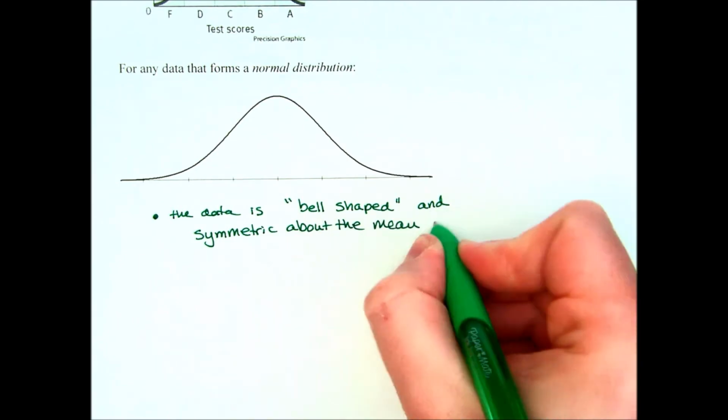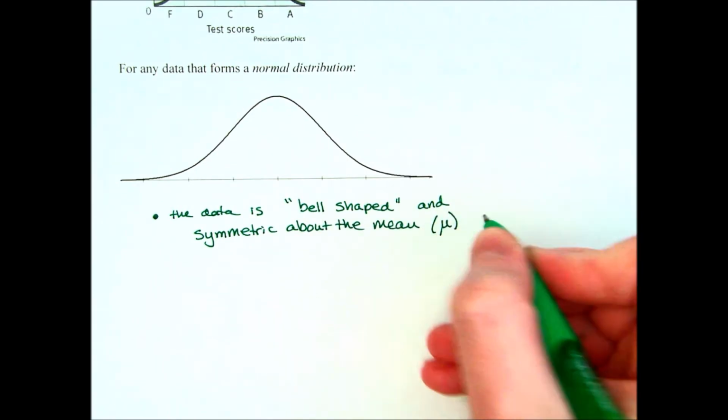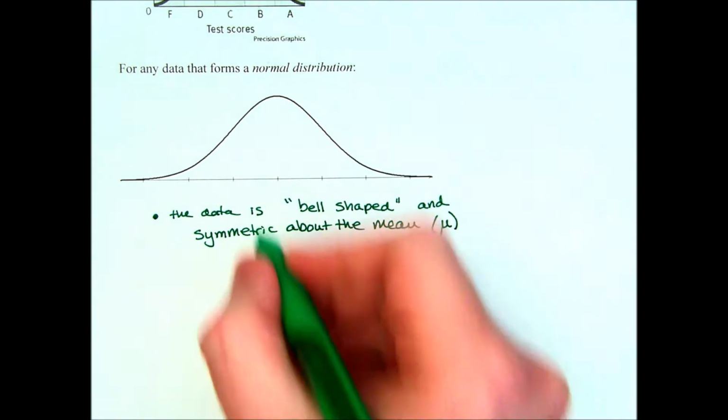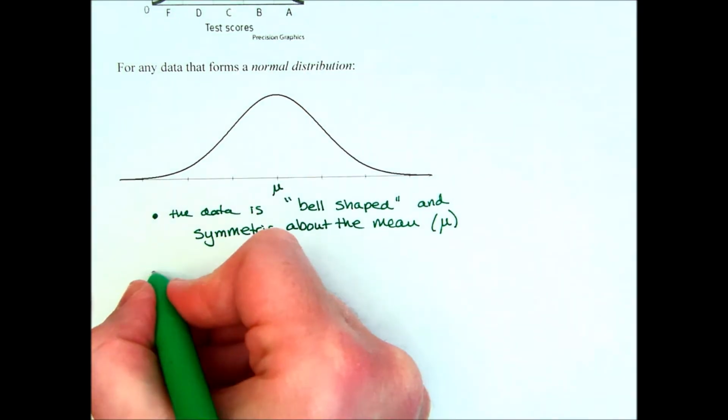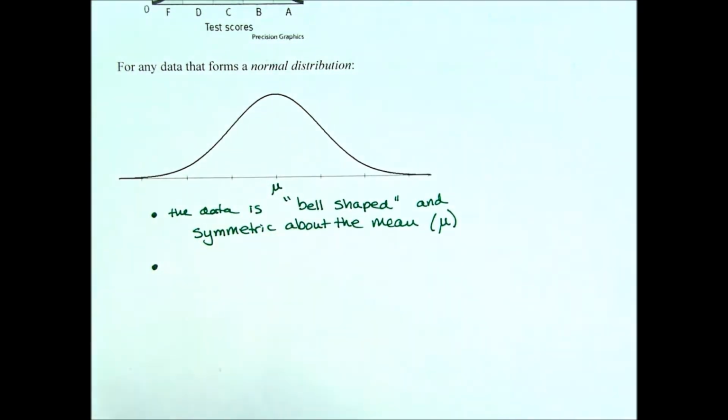This is data for an entire population, so my mean is going to be mu. I'm going to mark that at the very center of my graph. The data is bell-shaped and symmetric about the mean. As always, if I'm going too fast, make sure you pause the video to make sure you get all the notes in there. Second idea.